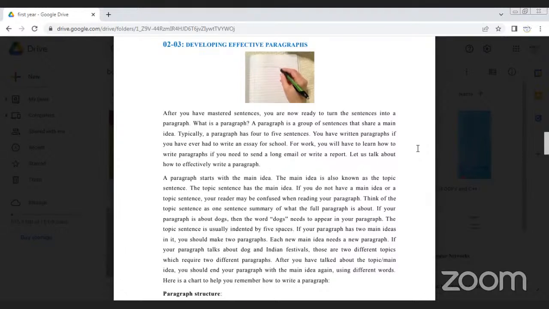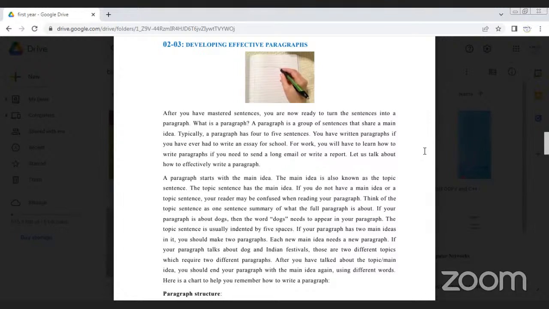Each new main idea needs a new paragraph. If your paragraph talks about dogs and Indian festivals, those are 2 different topics which require 2 different paragraphs. The dog paragraph is different and the Indian festivals paragraph is different.